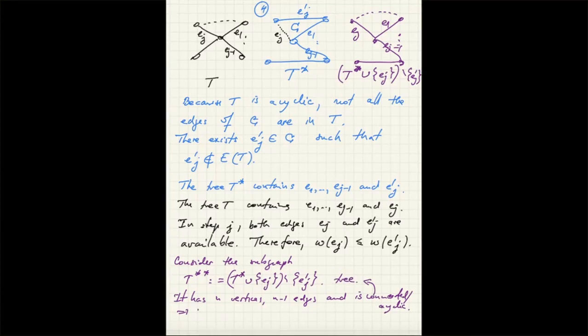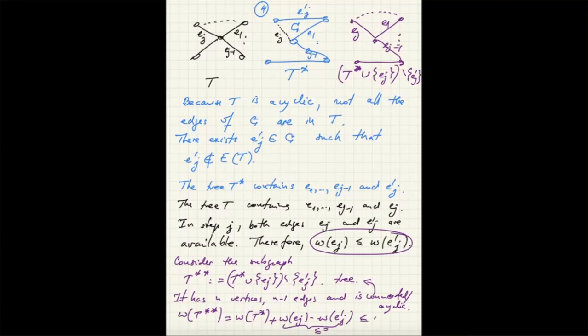Now, what can we say about its weight? The weight of T star star is the weight of T star, we added EJ, so plus the weight of EJ minus the weight of E prime J. But the weight of EJ is less than or equal to the weight of E prime J. So this quantity here is less than or equal to 0.